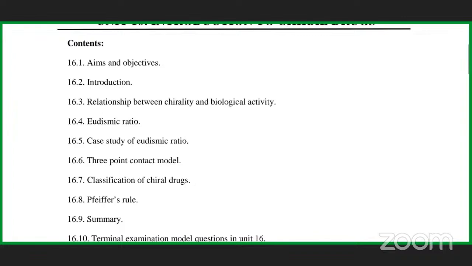For example, in enantiomers, here is a compound where A is here, B here, C here, D here. Another isomer of this has D here, B here, A here, C here. This is compound one, and this is compound two.